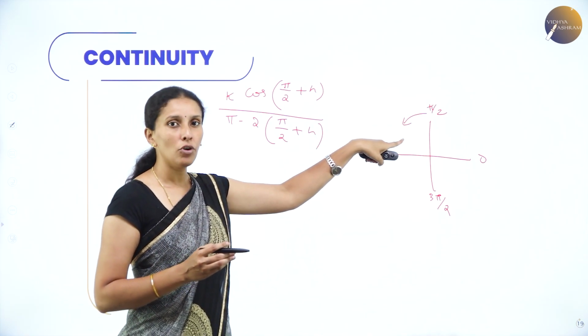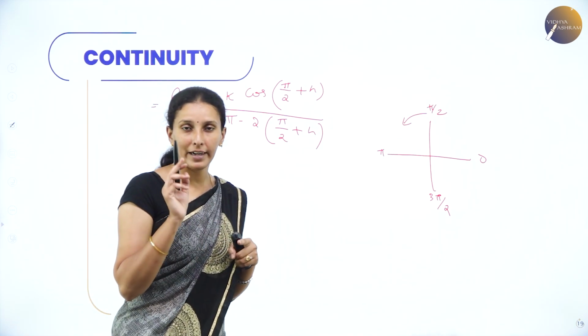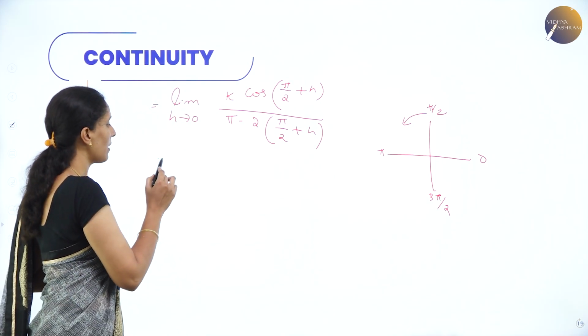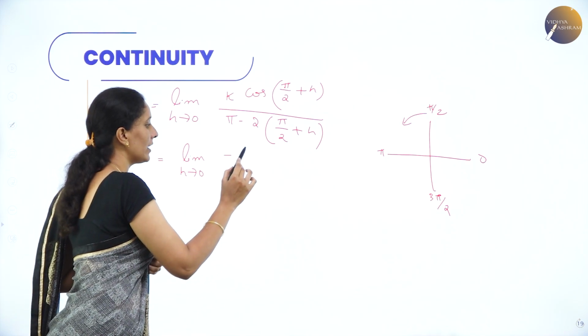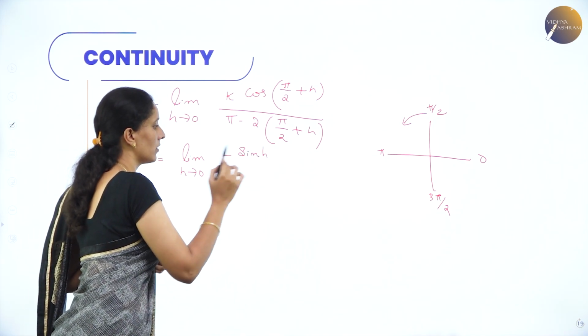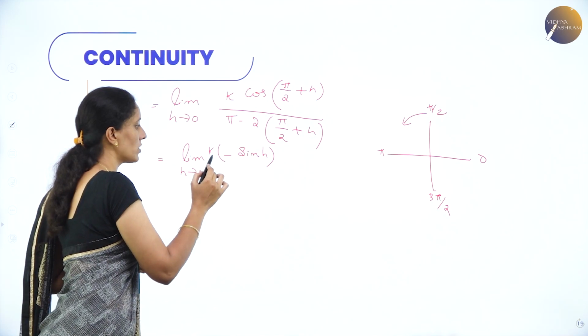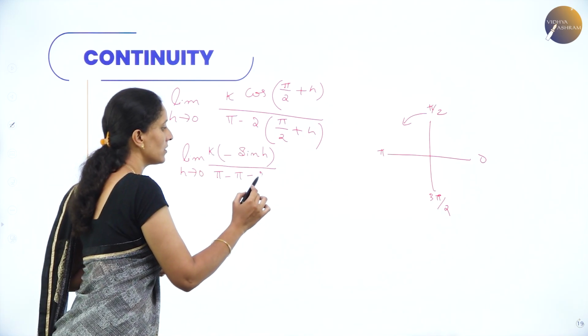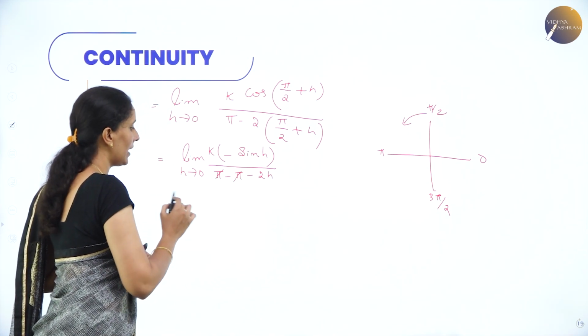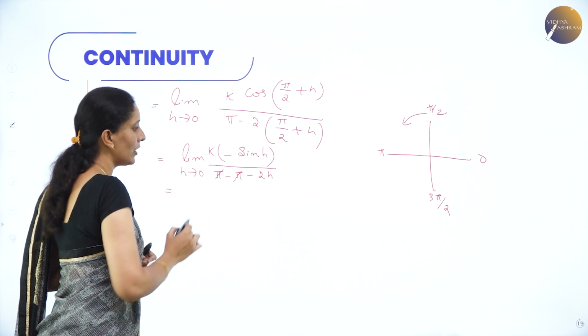But what is the sign of cos in the second quadrant? It is negative. So therefore, this can be written as limit h tends to 0 of minus sin h, and we have k outside here. When you solve the denominator, you will get pi minus 2h. So pi gets cancelled. We can take k and 2 outside.